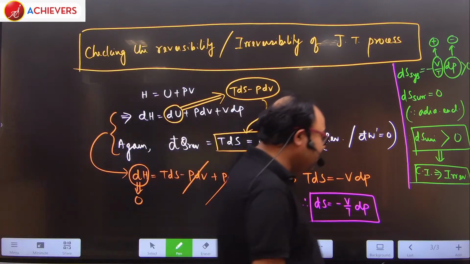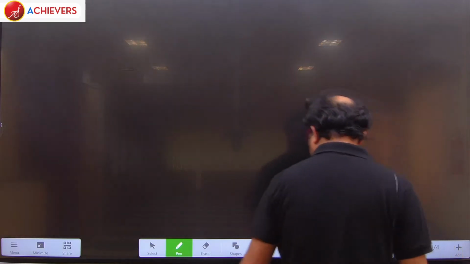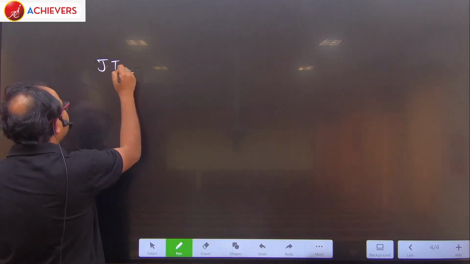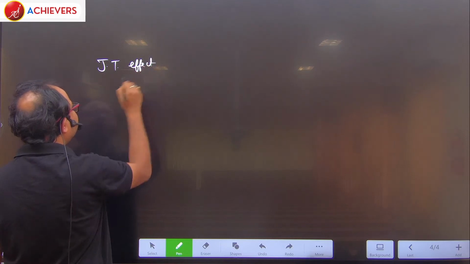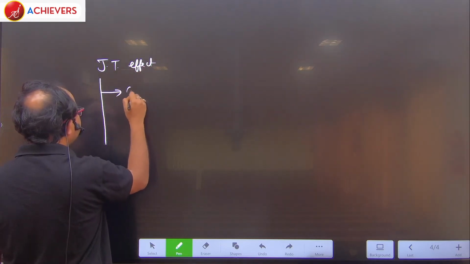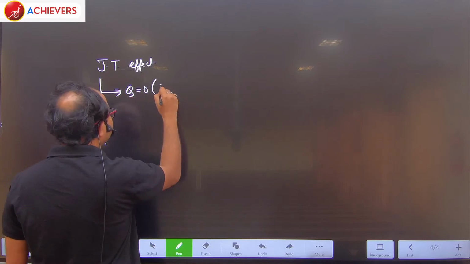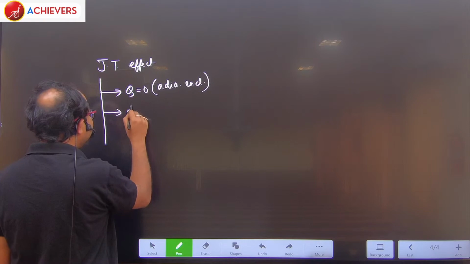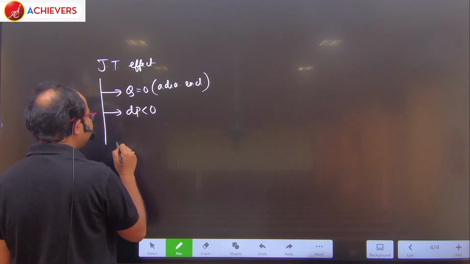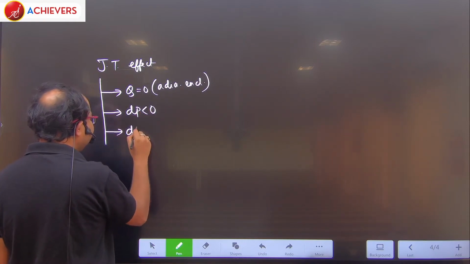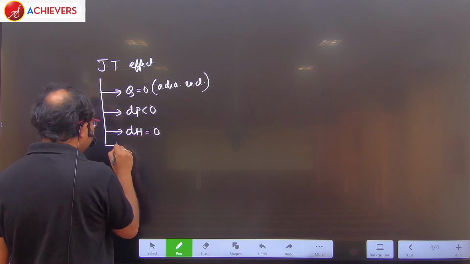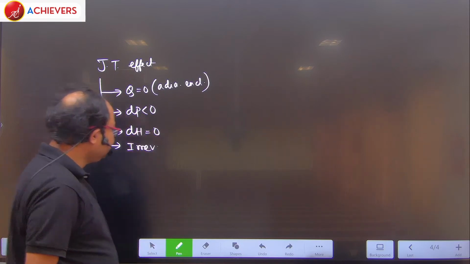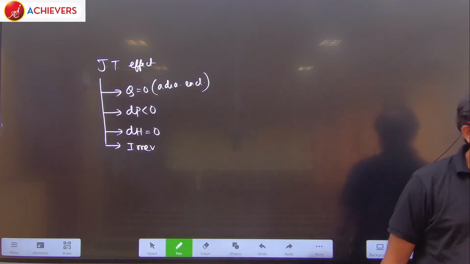So till now we find that for the Joule-Thomson effect, Q is equal to 0 due to the adiabatic enclosure, dP is negative, dH is equal to 0, and the process is irreversible in nature.